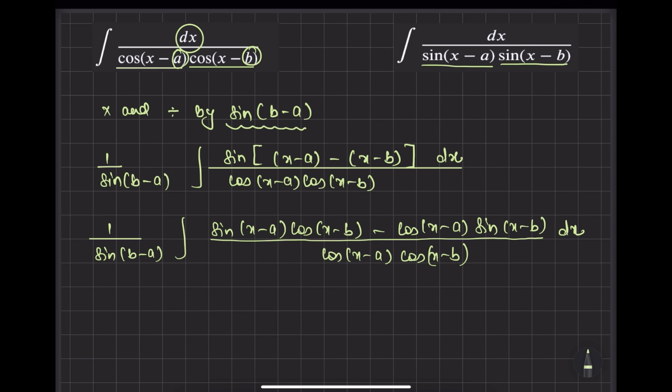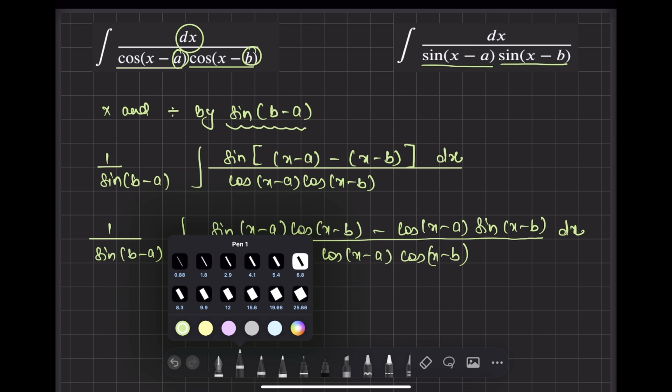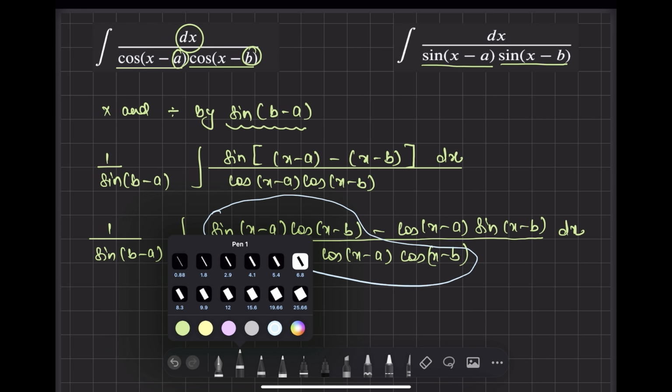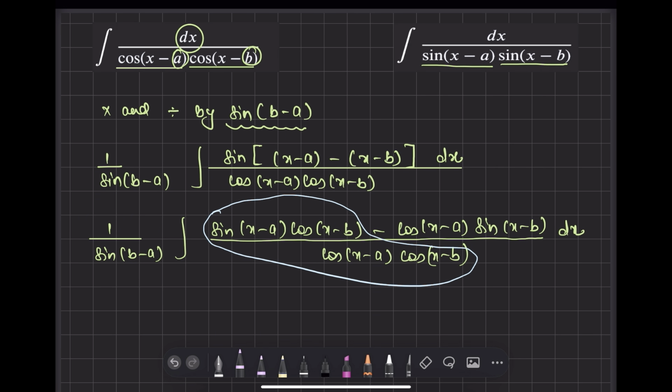Now if you observe the first entity, look at this. If you observe these two things, you may feel that, sir, cos x minus b will be neutralized by cos x minus b. Okay, and if you observe this thing, you will say that, sir, cos x minus a is being neutralized.